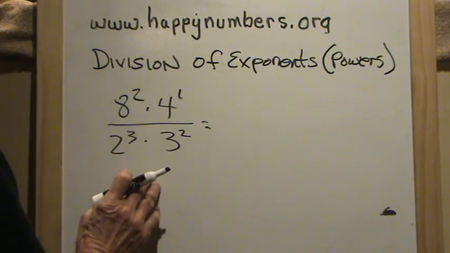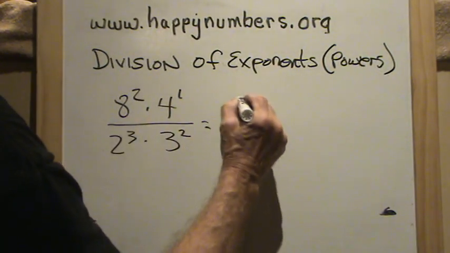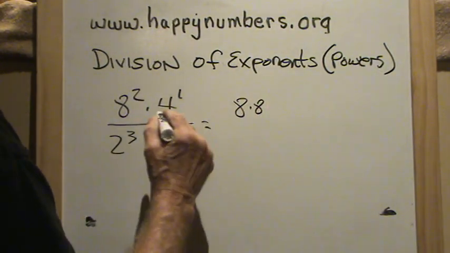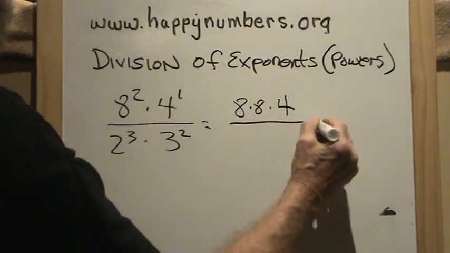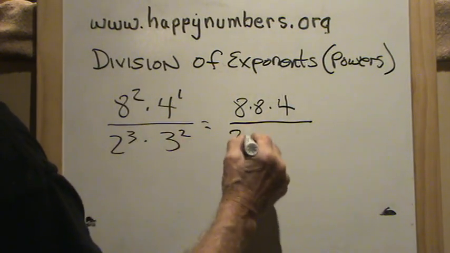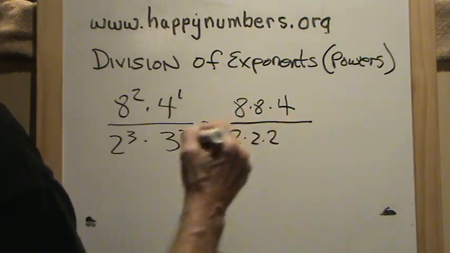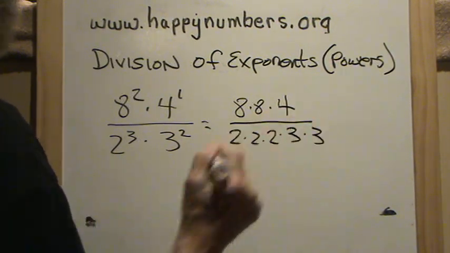All right, let's see what we get here now. We just expanded. 8 to the second power is 8 times 8 times 4 to the first power, we know that is just 4, divided by 2 to the third power is 2 times 2 times 2, and 3 to the second power is 3 times 3.